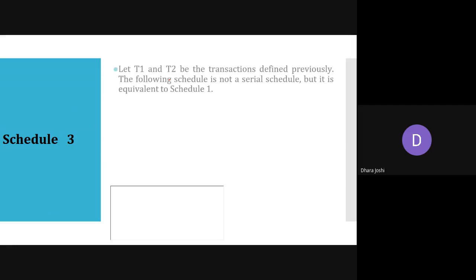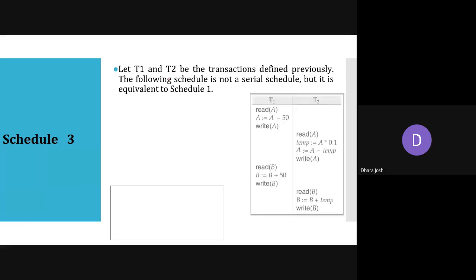The third schedule: let T1 and T2 be the transactions defined previously. The following schedule is now not a serial schedule, but it is equivalent to schedule 1. Okay. What does this schedule mean? This is the third schedule. We are performing the same thing, but with some interleaving between the transactions.